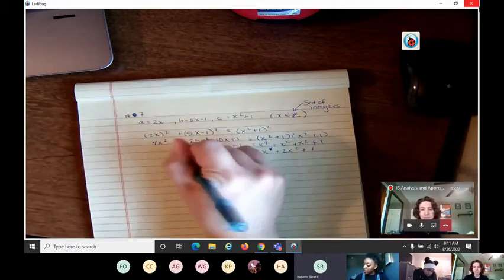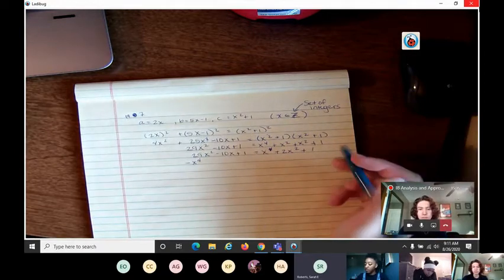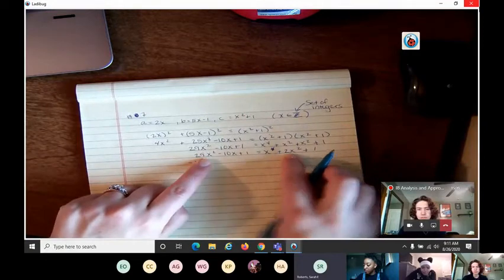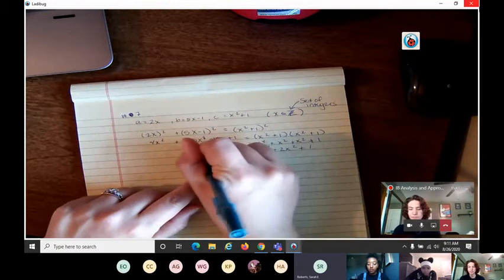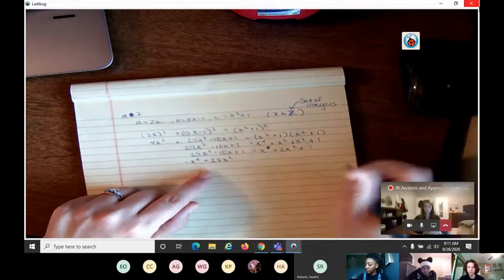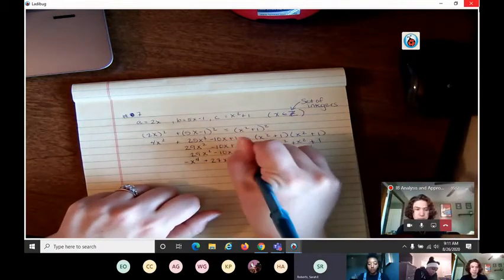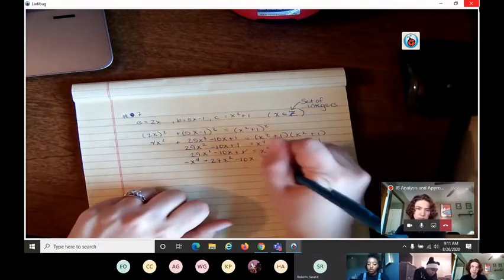So I'm going to have negative x to the fourth as my first term. I'm going to start with my highest power. My next highest power is the square. So I'm going to subtract the 2x squared over. 29 minus 2 is 27. We don't have any other x terms, so I'm just going to drop my x term down here. And then the ones should cancel out.